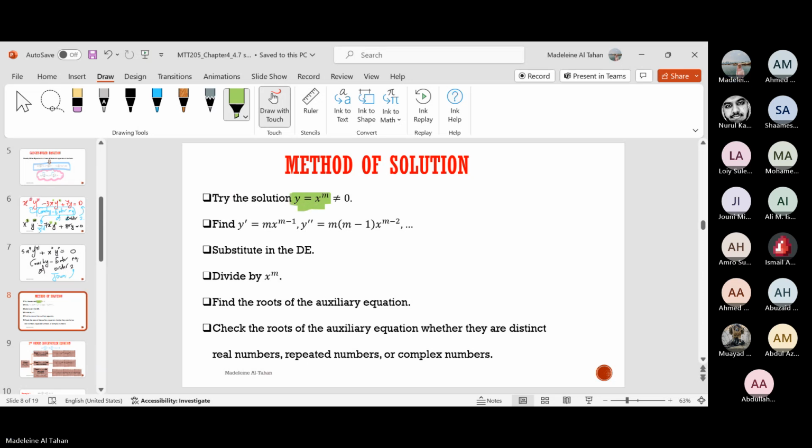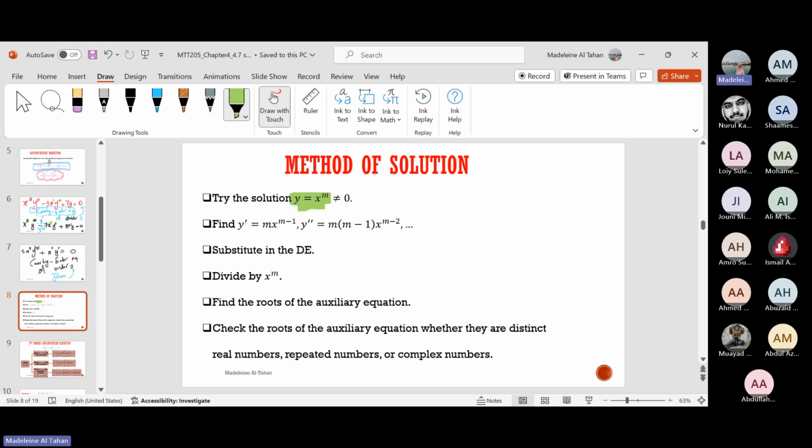Any questions? Instead of e power mx, we'll start with x^m. Then it's a solution. So if we substitute it in the differential equation, we will get the left equal to the right.